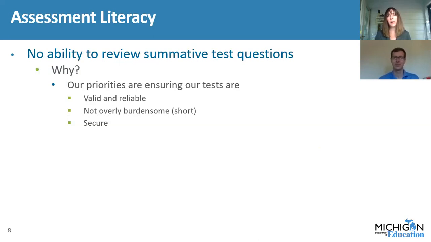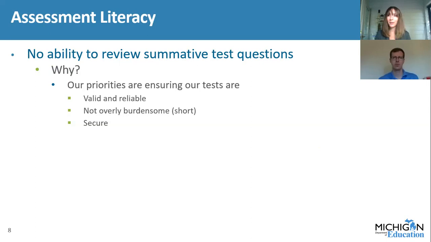So let's think about what our office's priorities are. And in general, most test vendors would prioritize these things as well. What are our priorities in ensuring that our tests work for teachers and educators? So our first is that we need to make sure that our tests are valid and reliable.